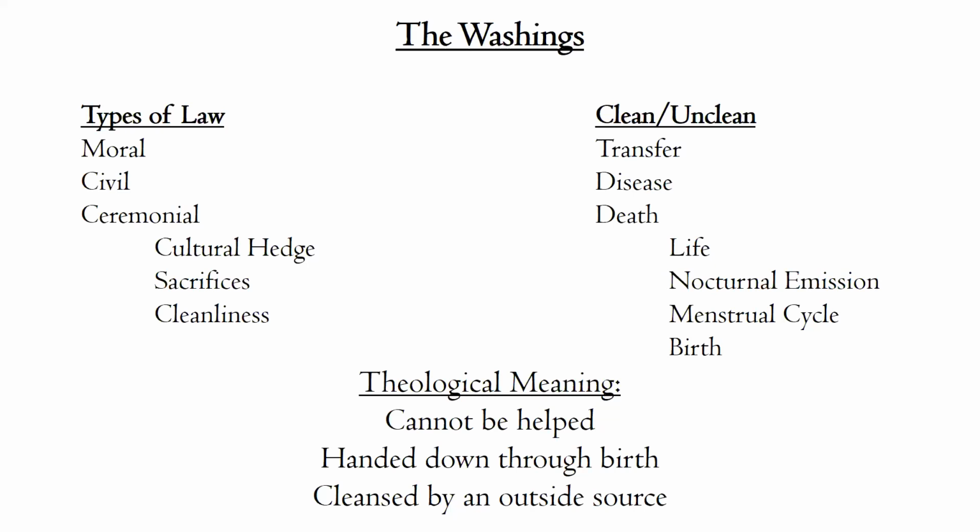So certain things could make you unclean. A disease, a skin disease, anything that had to do with death, but then also things that had to do with life. So if you had a nocturnal emission as a man, that made you unclean. Your menstrual cycle as a woman made you unclean. If you gave birth, you were unclean.